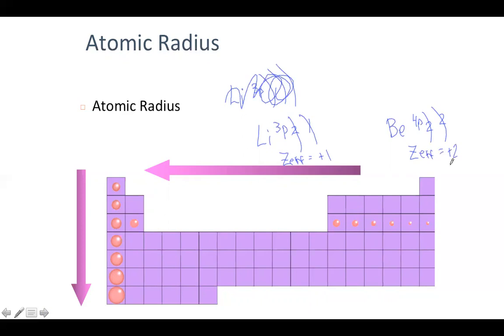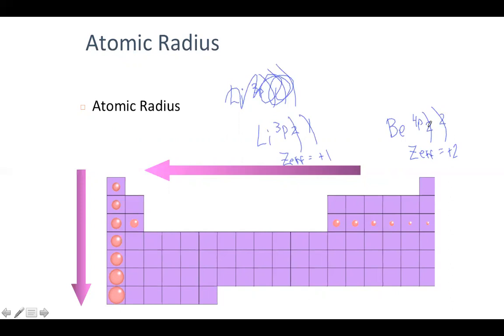So what this tells us is beryllium's nucleus has a greater attraction to its valence electrons than lithium's nucleus would have for its valence electron. Since we're increasing the attractive forces between the nucleus and the valence electrons as we move to the right, because effective nuclear charge increases to the right, that causes the nucleus to pull those valence electrons in a little closer.